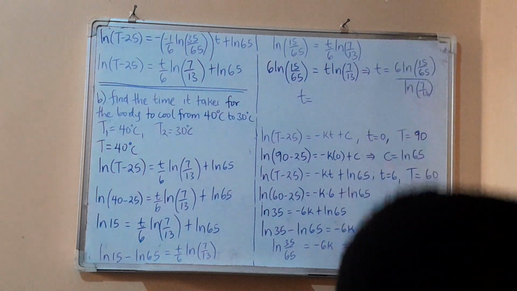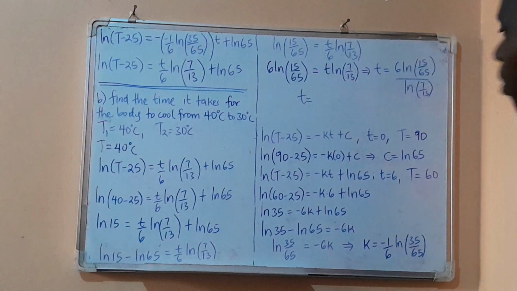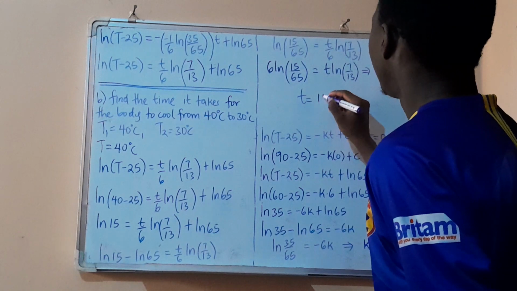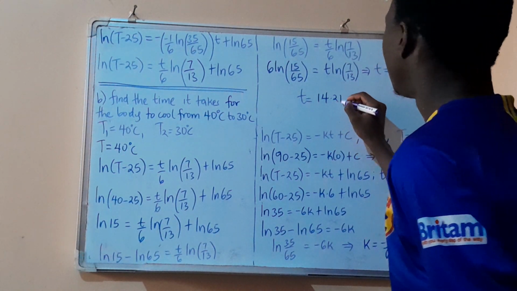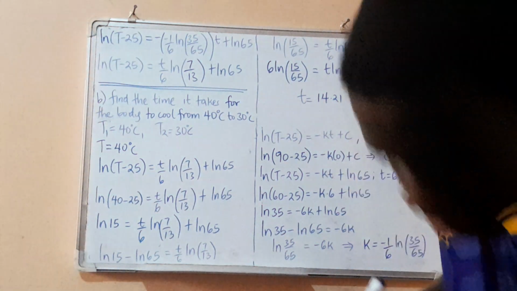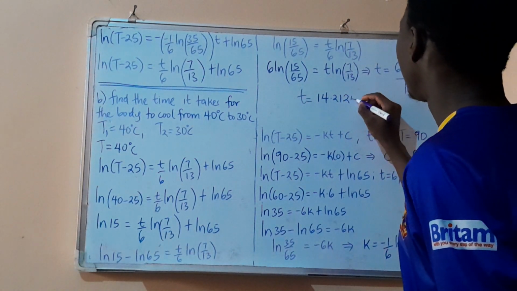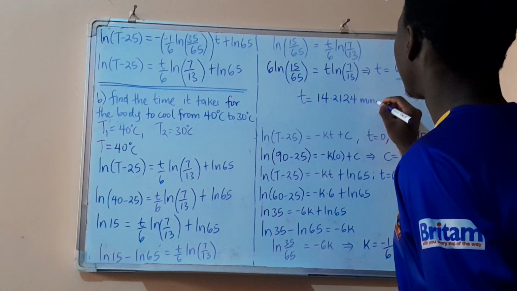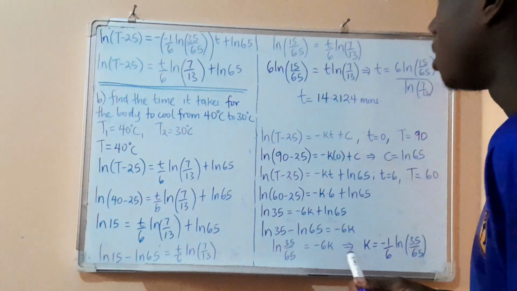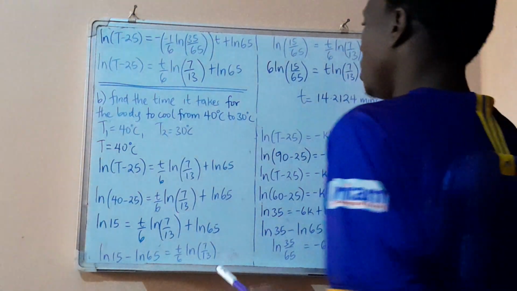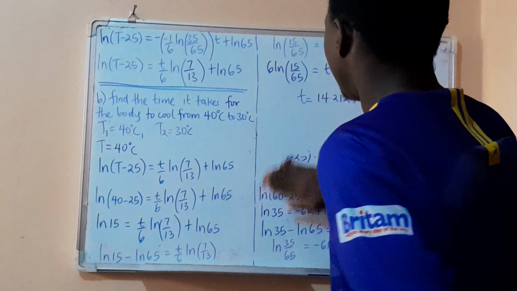That is 14.21 minutes, 14.21 to two decimal places. Yeah. Now we can proceed with T equals 30 degrees.